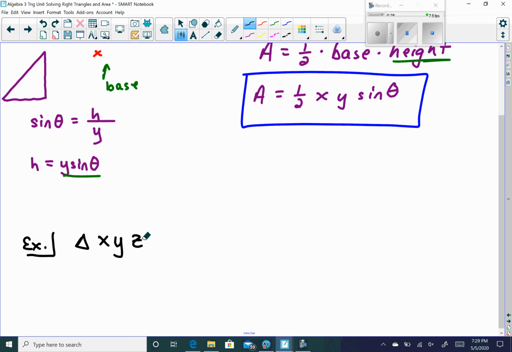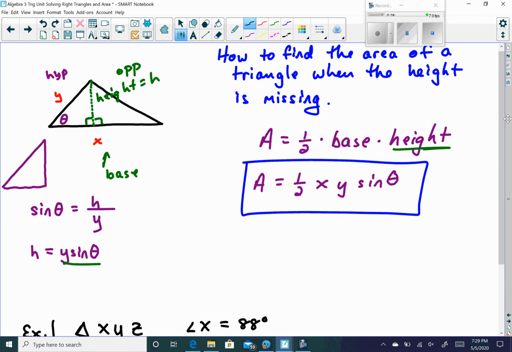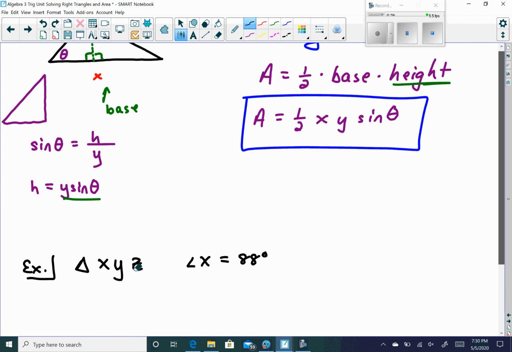And let's say angle X is going to be, let's make it 88 degrees. Now, if the angle's given here, notice the two sides that would form my angle, even though I'm using theta here, the side that is opposite my angle is going to be the same letter. So the other two sides are not going to match that letter. That means I'd have to be given sides y and z.